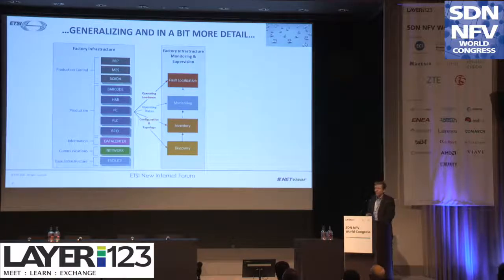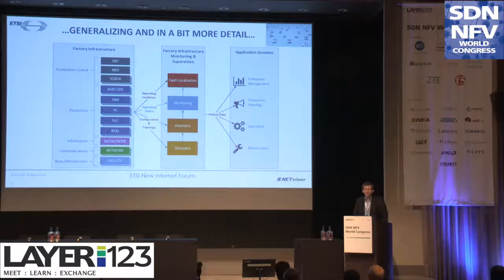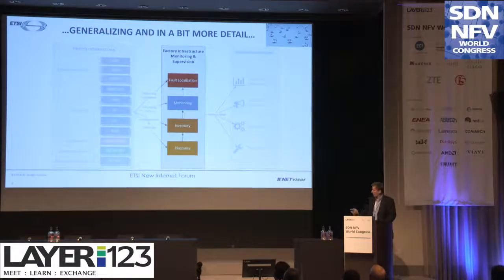Then monitor the normal operation of the factory infrastructure, and in case of failure, we have to implement fault localization, which can be used to localize the real source of the failure. Of course, the collected failure data can be used for other purposes as well, such as production planning and operation and maintenance purposes. But in this talk, the focus is on this middle part, infrastructure monitoring and supervision.